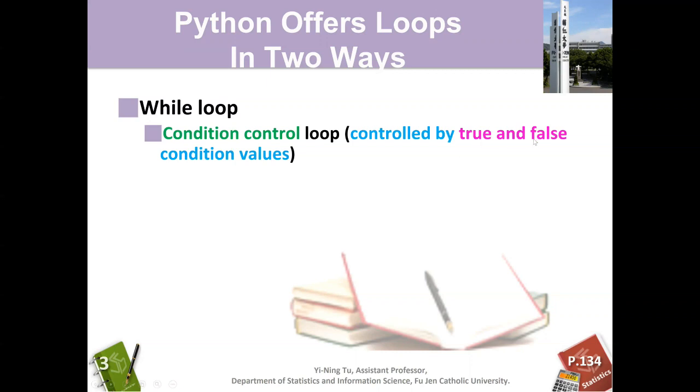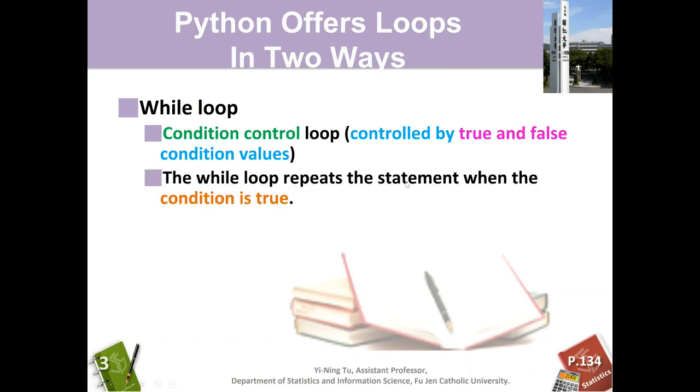When it is true, it will execute the following instructions until one day the condition value becomes false, then it will stop and quit the loop, right? The while loop repeats the statements when the condition is true.